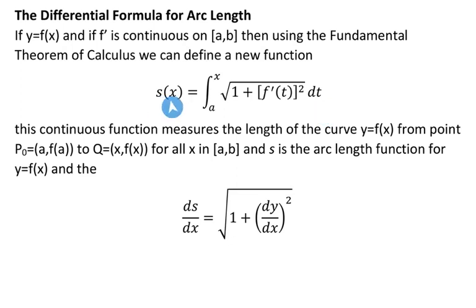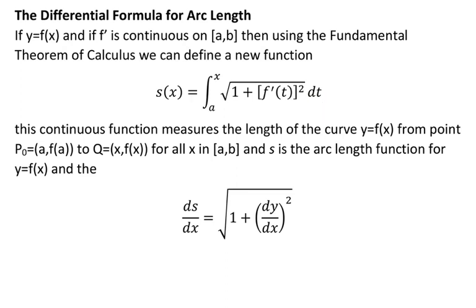S is a function of x from a to some variable x. And then we're going to use that arc length formula, the integral of the square root of 1 plus f prime of t, the derivative of the function in terms of t, quantity squared, integrated with respect to t.